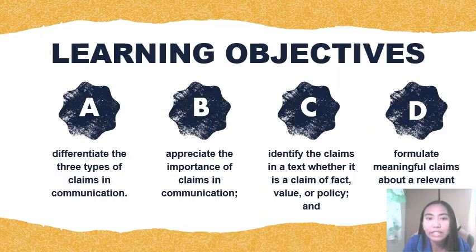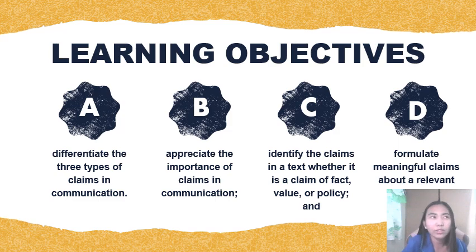But before that, let us have this learning objective. First, differentiate the three types of claims. As I mentioned earlier, we have claims of fact, claims of value, and claims of policy. The second one, appreciate the importance of claims in communication.